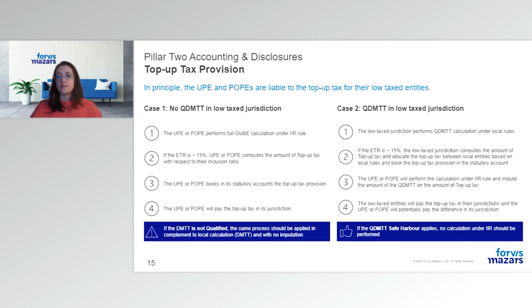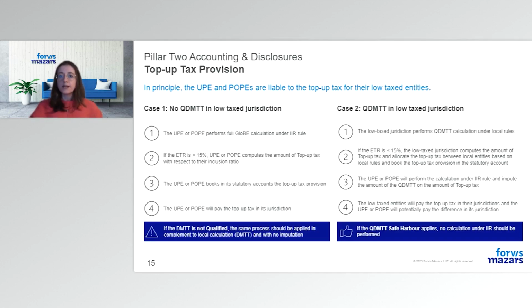But then we have the other case 2, where there is a QDMTT in a low tax jurisdiction. And in this case, the low tax jurisdiction entities will perform the calculation under the local rules. And then if the effective tax rate is below 15%, the top-up tax will be calculated in that jurisdiction and will be allocated to all the entities in that jurisdiction according to the national law.